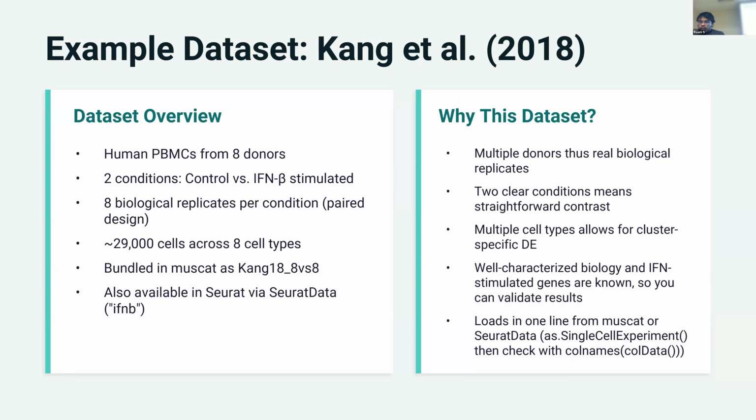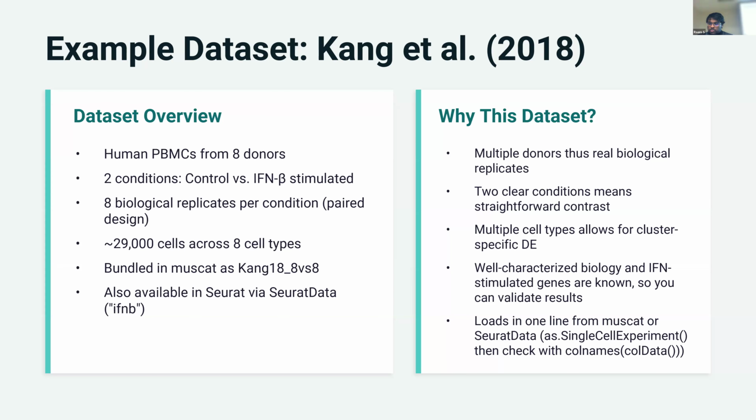So the example data set we're using is from Kang et al., which is a pretty well-known example of pseudobulk differential expression. It consists of 8 donors, each profiled under 2 conditions, which are control versus interferon beta stimulation. It has pretty much everything we need.